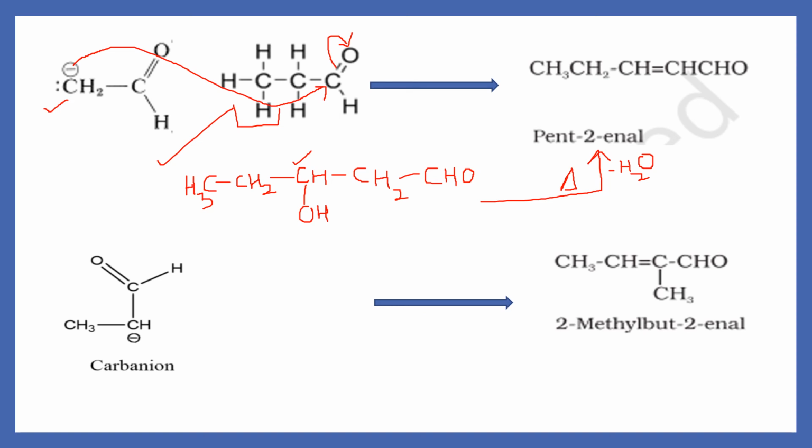Other product which is coming from cross aldol. Now here you have this coming from propanal enolate, and it is going to attack on ethanal. Show the attack like this. Shift it here. Write down the CH3.